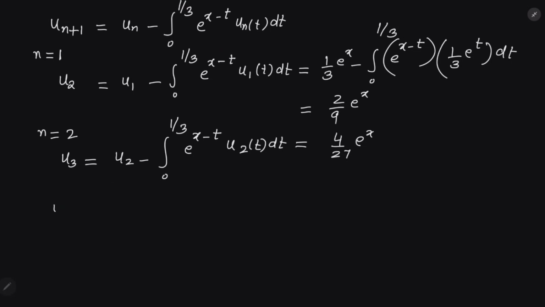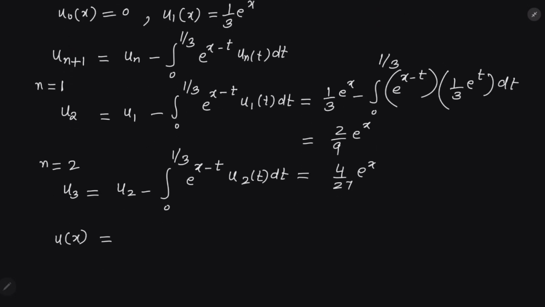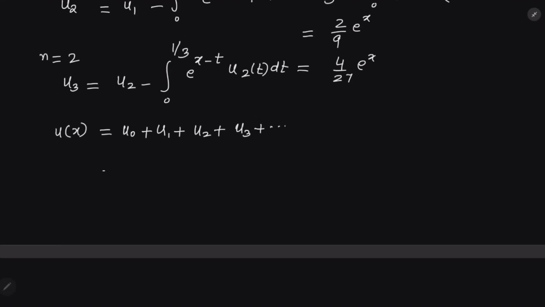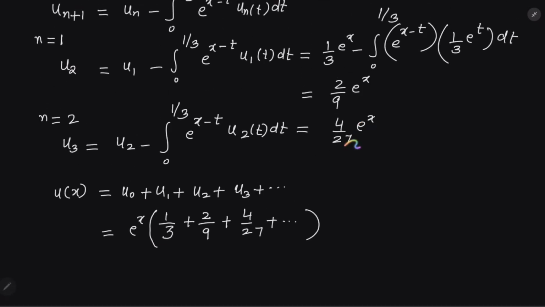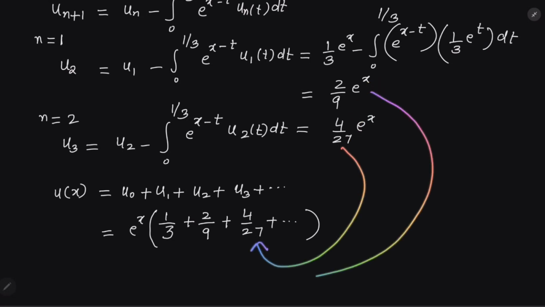So at the end, u of x will be equal to u naught plus u1 plus u2 plus u3 plus so on. U naught is 0 and we get e raised to power x, taking e raised to power x common, 1 over 3 plus 2 over 9 plus 4 over 27 plus so on.